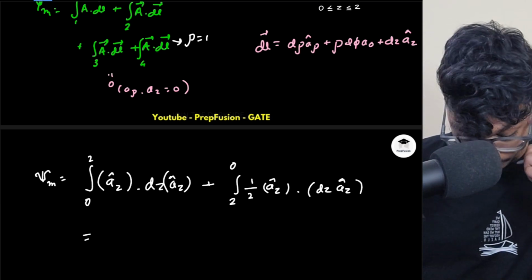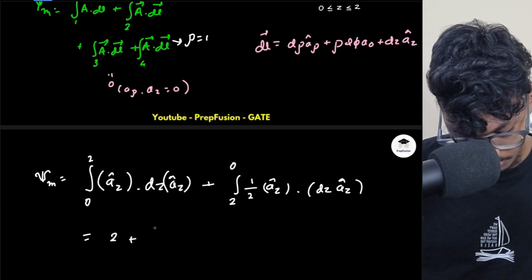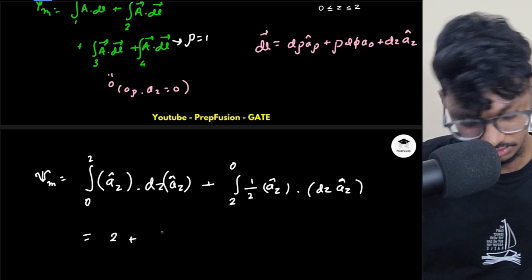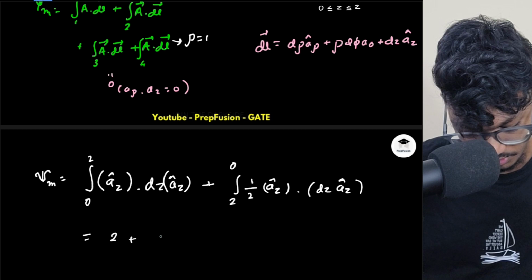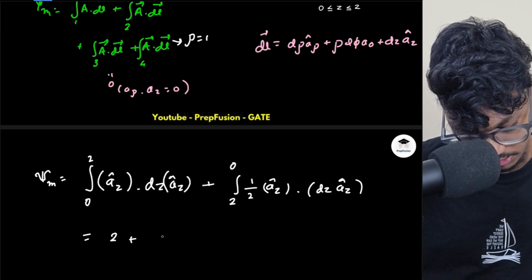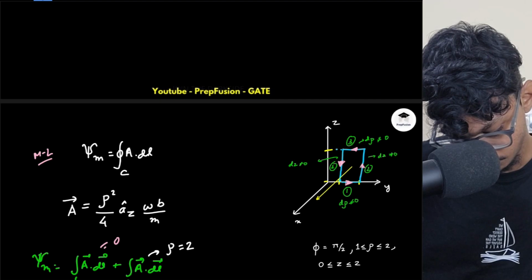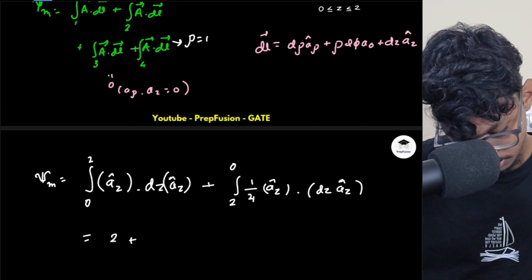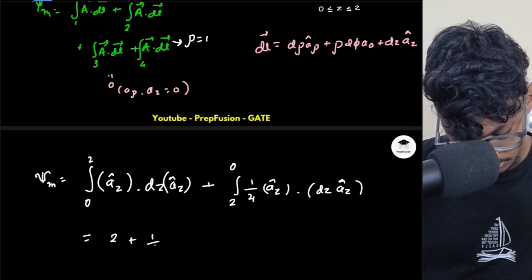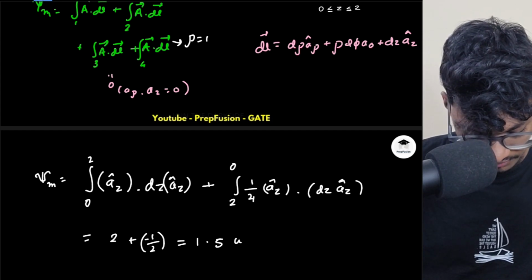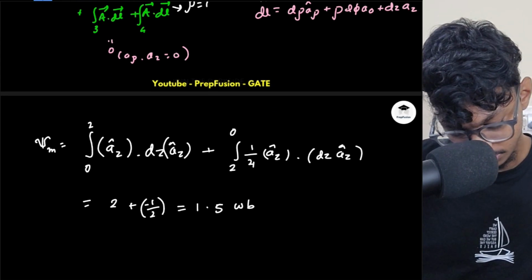So this will become actually 2 plus this will become 1 by 2 is there. Okay, rho 1, square by, okay, it was 4, sorry, it was 4. So this will be 2 by 4, which is 1 by 2 minus 1 by 2. So this will come out to 1.5 minus 1.5 Weber, plus 1.5 Weber.